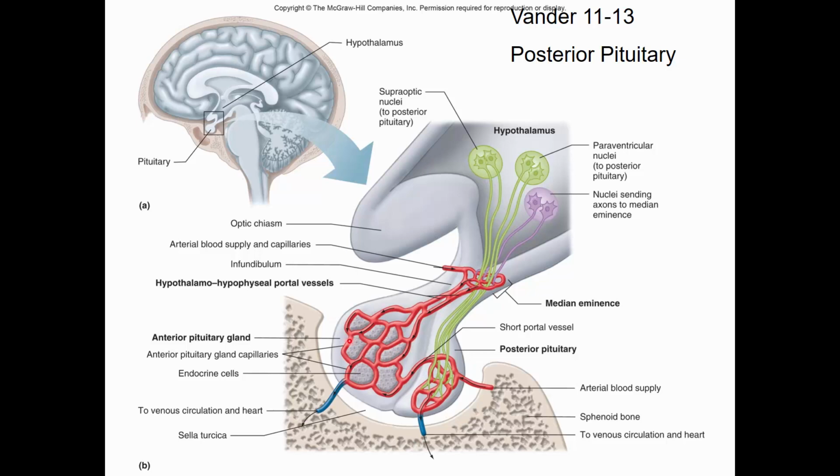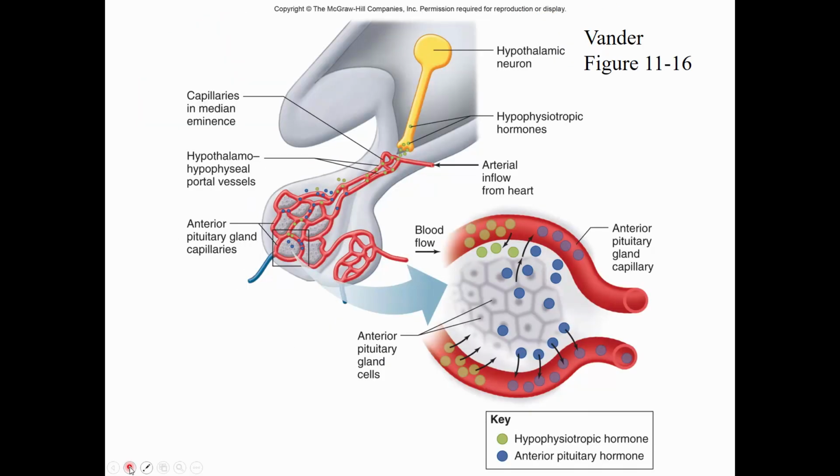Also over here you see the anterior pituitary, and notice it has two capillary beds. We have neurons in the hypothalamus that synapse on the capillary bed at the base of the hypothalamus. Then we go through a portal system that takes us to the anterior pituitary. Here's another picture of that from Vander.